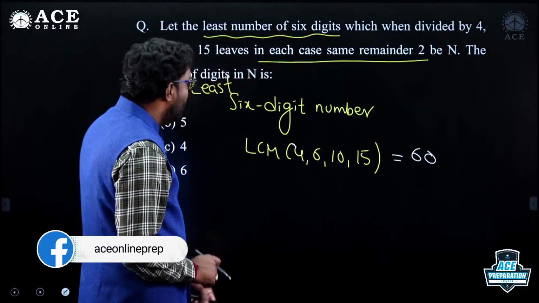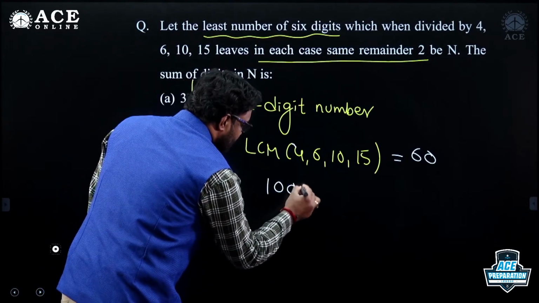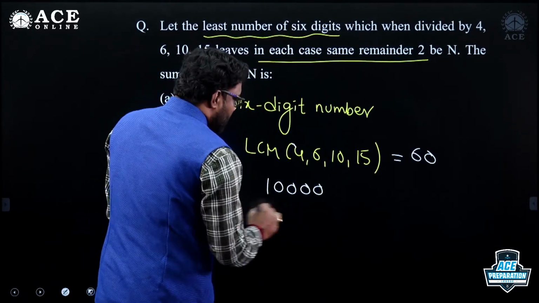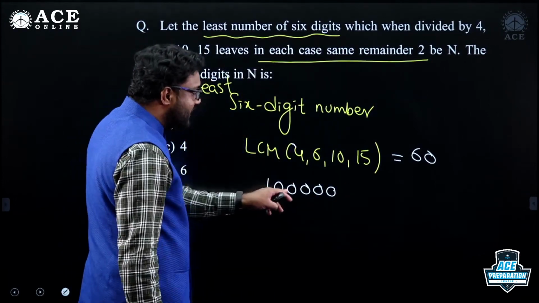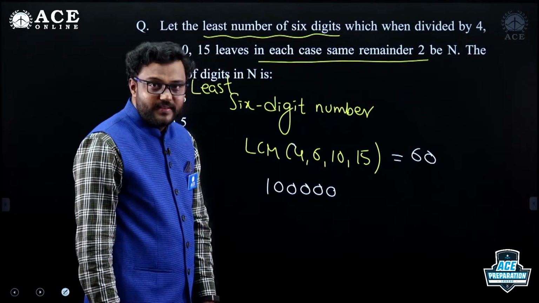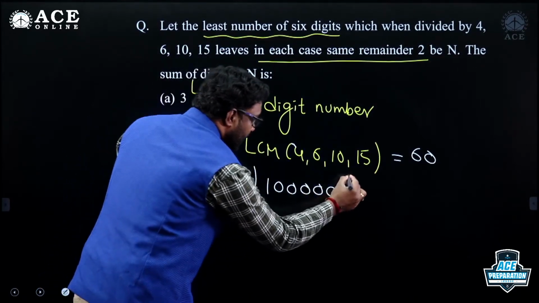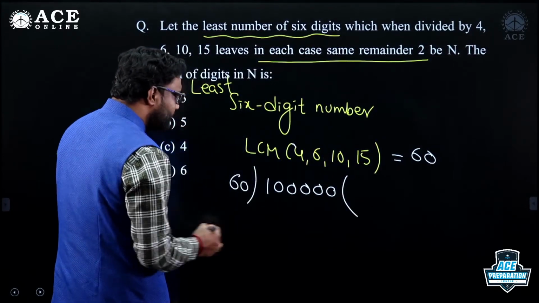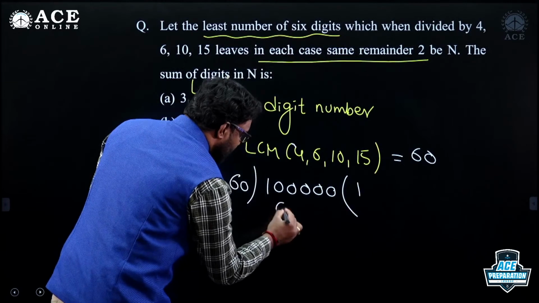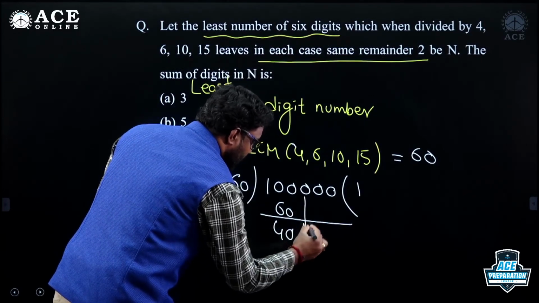Right, first, what is the least 6-digit number? It's 10,000, 5, 1 lakh, right? So 1 lakh is the least 6-digit number for us. And when you divide by 60, if you go for one time, we get 60. Here 40 remainder, and we'll take this 0 here.